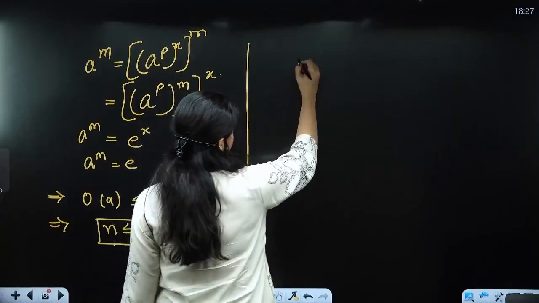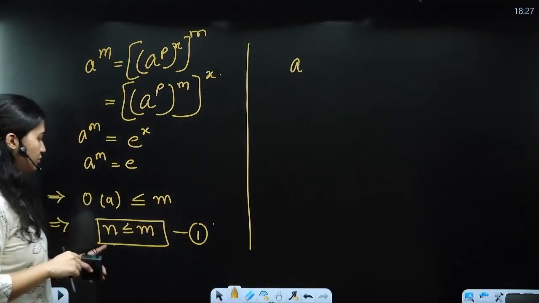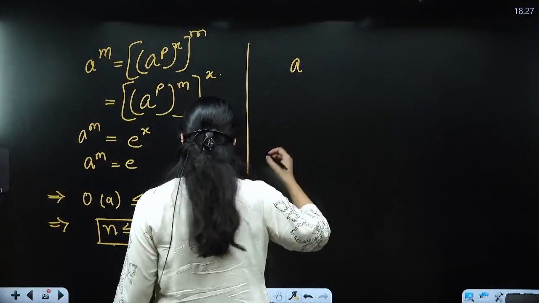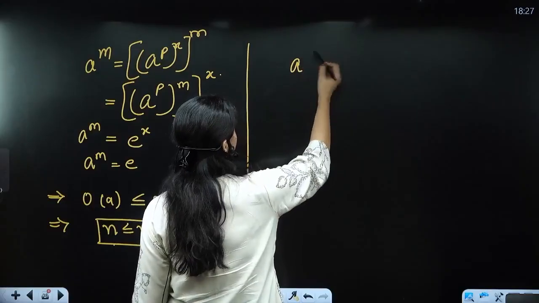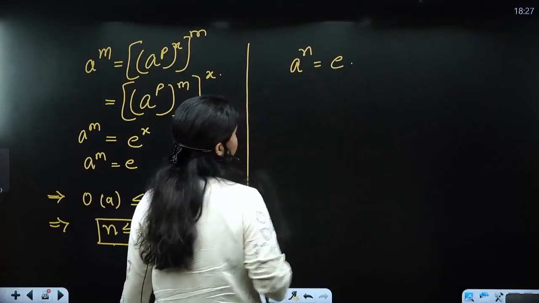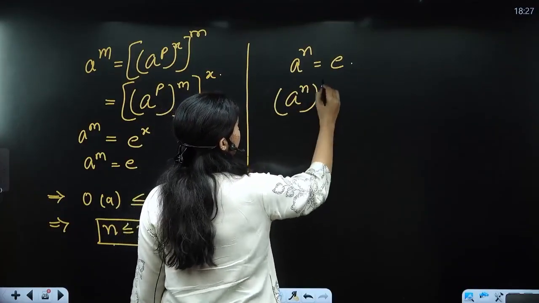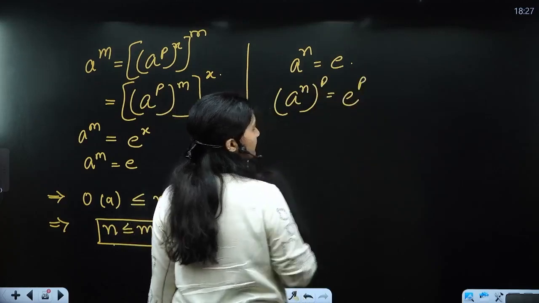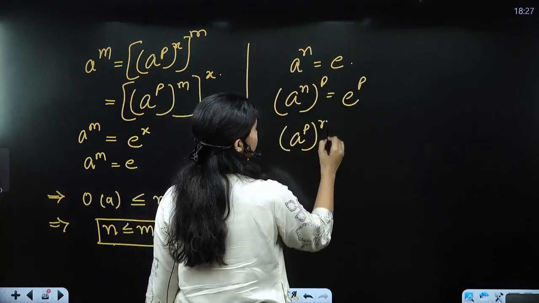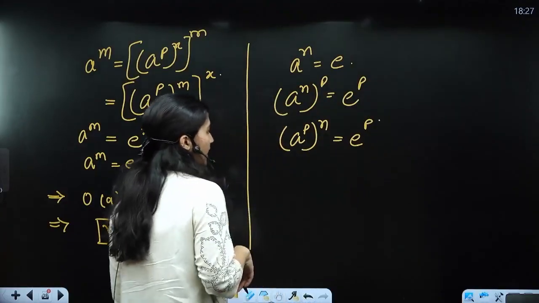Now let's take, अब हमें other way around prove करना है. We want to prove that m is also less than or equal to n, right? That we can do by a raised to the power n equals e, right? (a raised to the power n) raised to the power p can be written as e raised to the power p, right? So this can be written as (a raised to the power p) raised to the power n equals e raised to the power p, right?